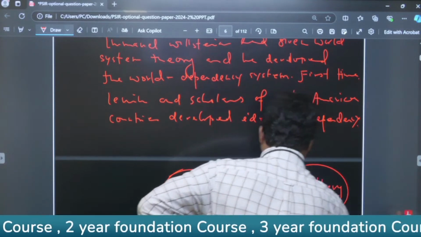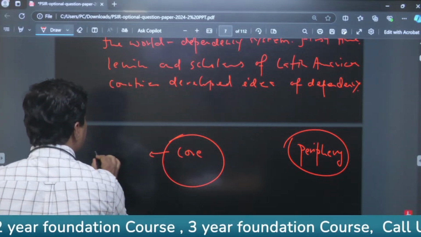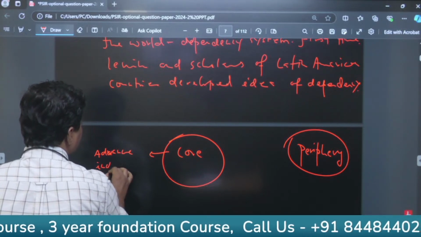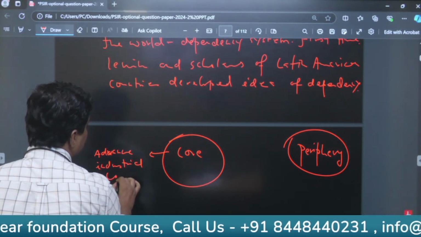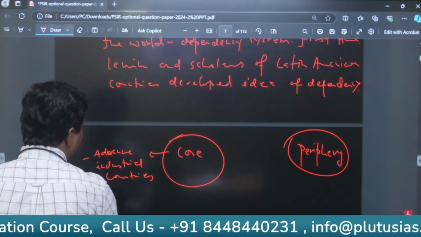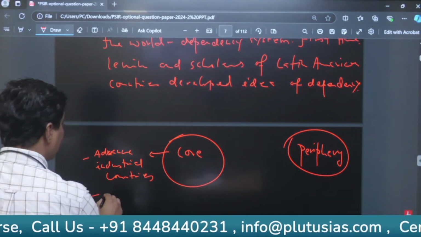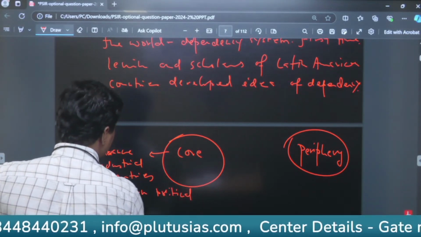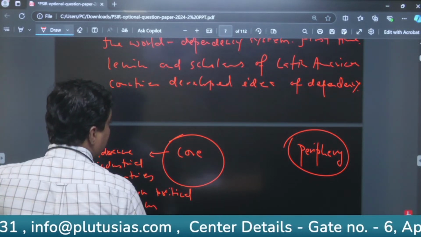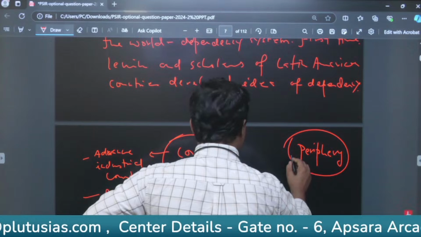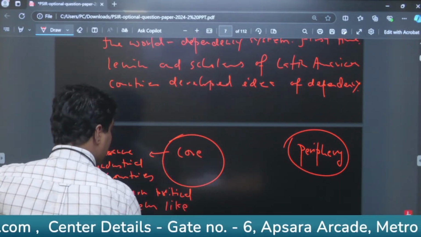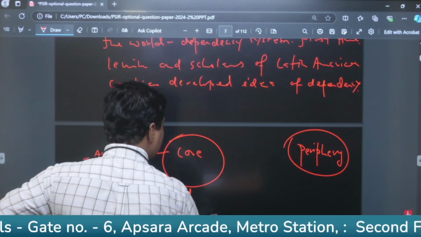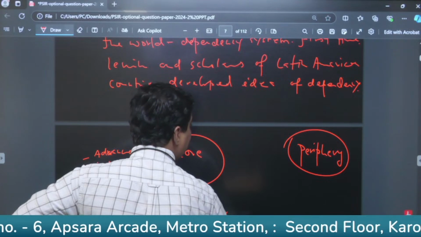Now what is core? Core is advanced industrial countries, right? Who have a modern political system, like US, UK, France, Germany, and so on.